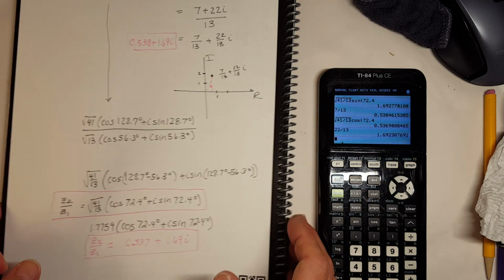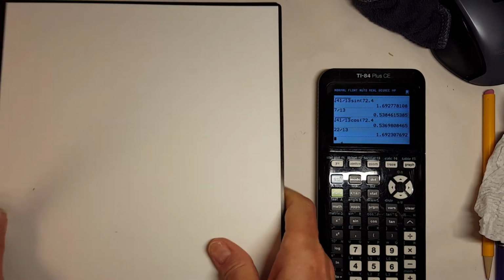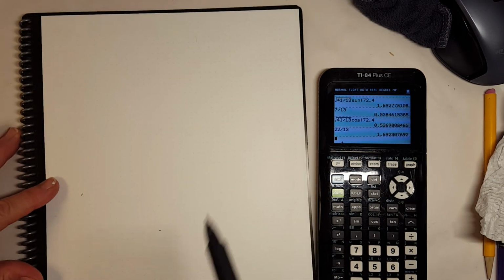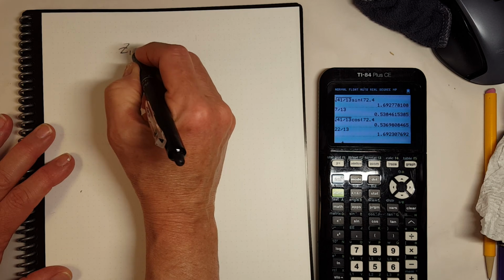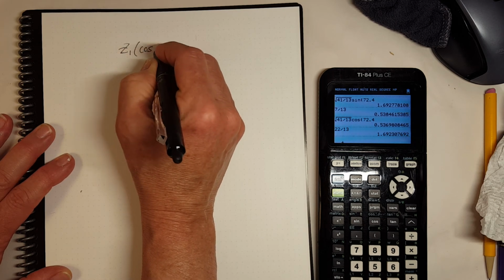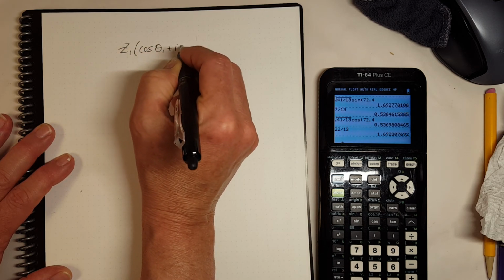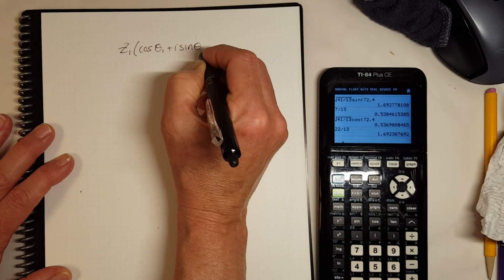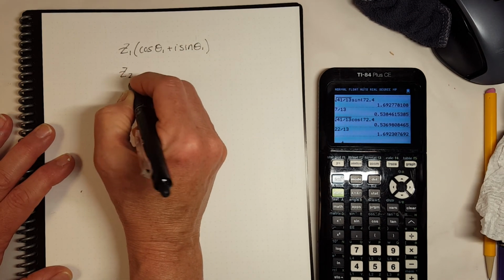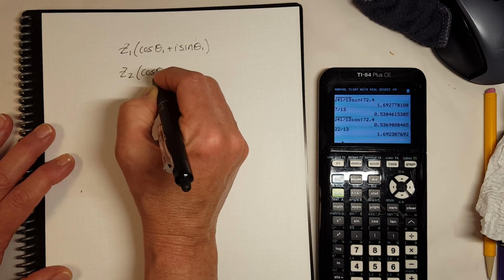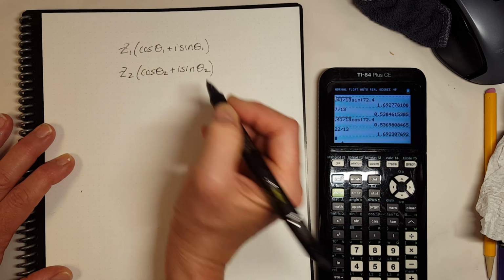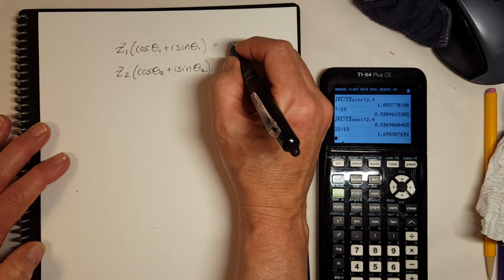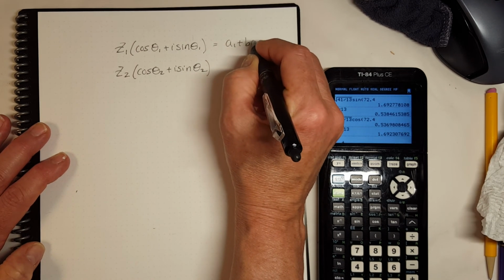And so let me just give you the general formula when you're multiplying and dividing complex numbers. So if you have z1 times cosine of theta 1 plus i times sine of theta 1, and you have z2 times cosine of theta 2 plus i times sine of theta 2, and these represent two different complex numbers.